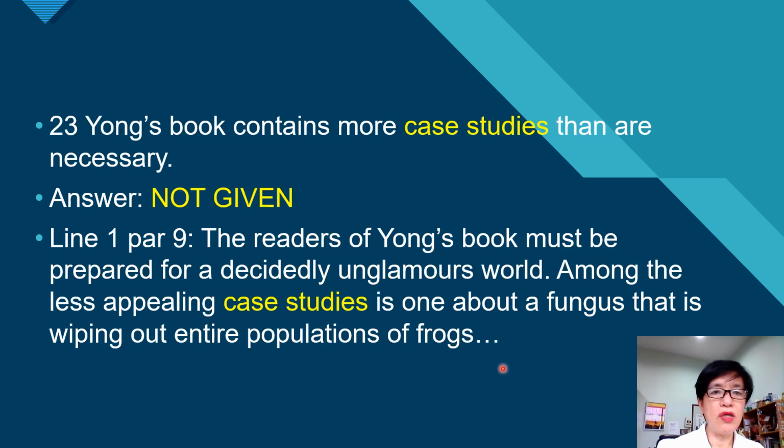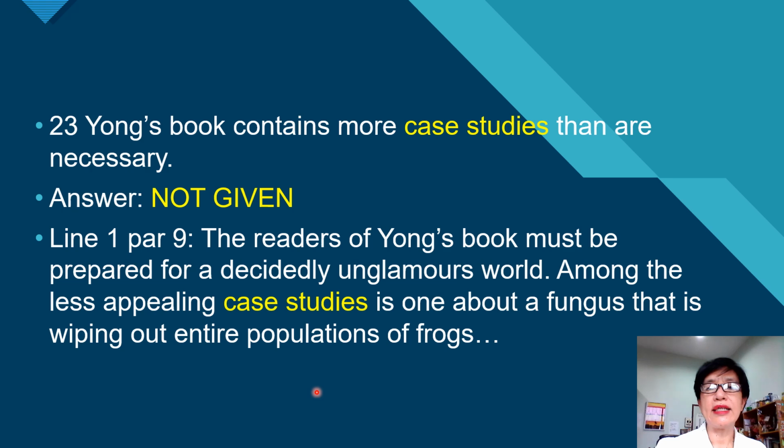23. Young's book contains more case studies than are necessary. The answer is not given. Why? In line 1, paragraph 9, it says here, the readers of Young's book must be prepared for a decidedly unglamorous world. Among the less appealing case studies is one about a fungus that is wiping out entire populations of frogs.